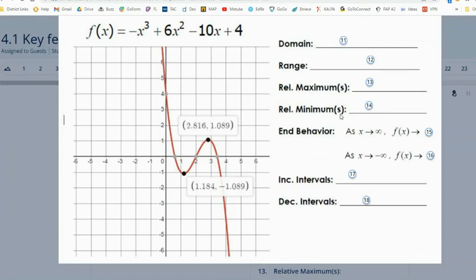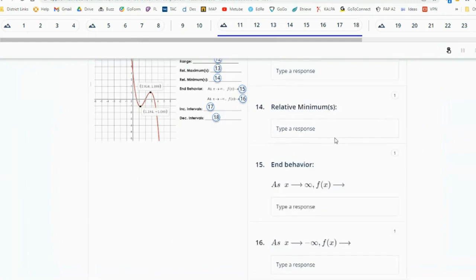Relative minimum, maybe more than one. Doesn't look like it on this graph. And then the end behaviors, 15 and 16. And then the increasing intervals and decreasing intervals. Where's this graph increasing? There may be just one interval, or there may be multiple intervals where it's increasing or decreasing. So you fill all those in.